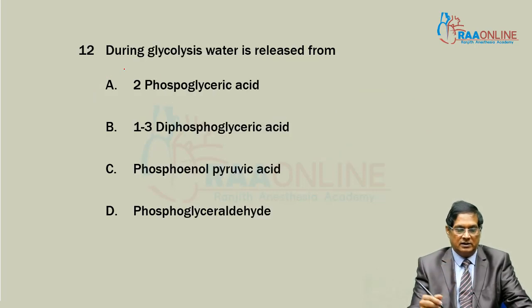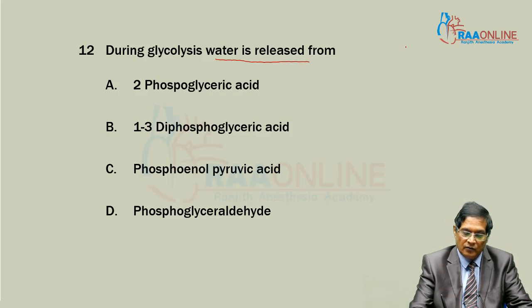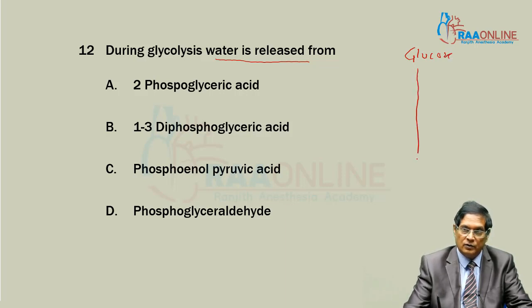Question number 12: water is released when glucose undergoes the glycolysis process. You will see a step in which 2-PGA is formed; you can refer to the glycolysis series also.